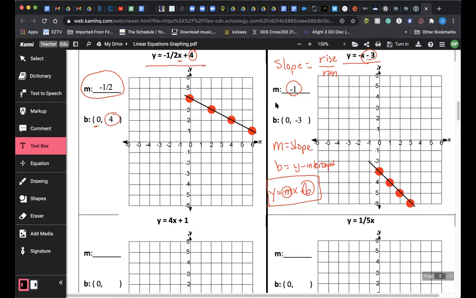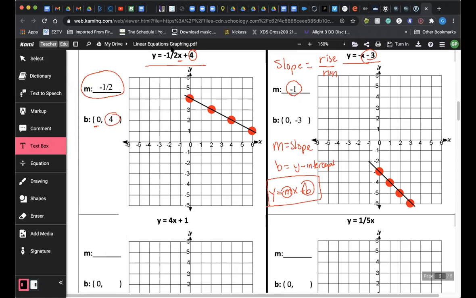Okay, so when they say y equal to 4x plus 1, m is 4. Up here, m is -1/2, right?